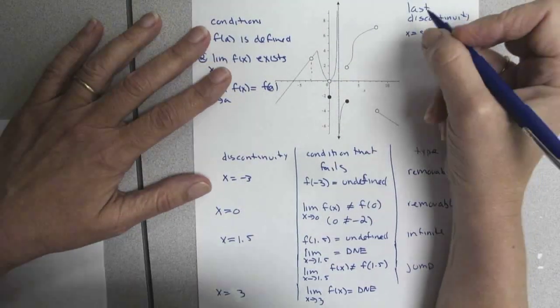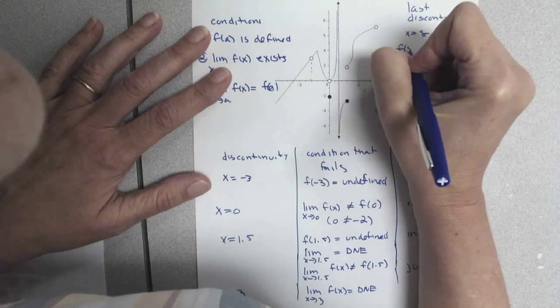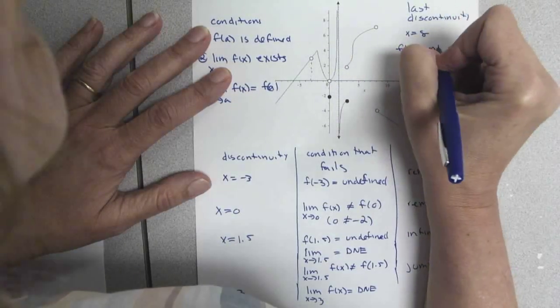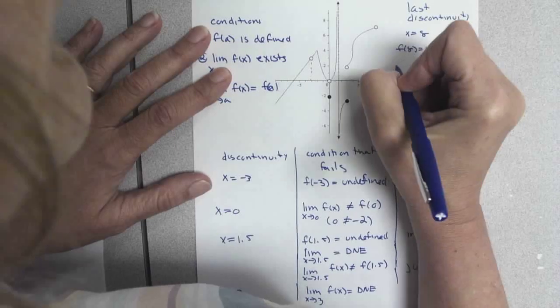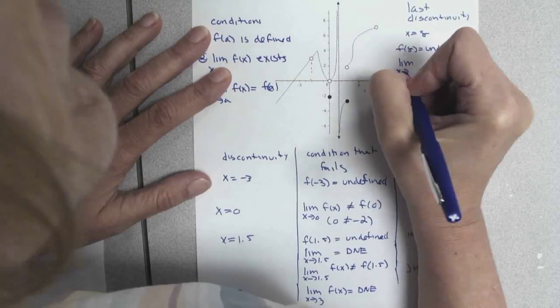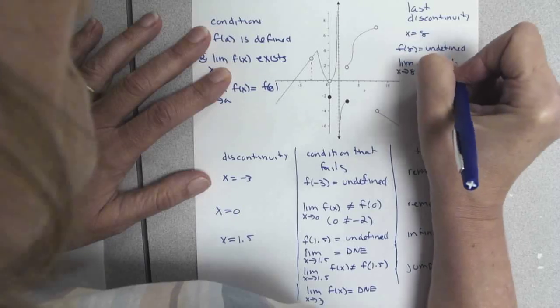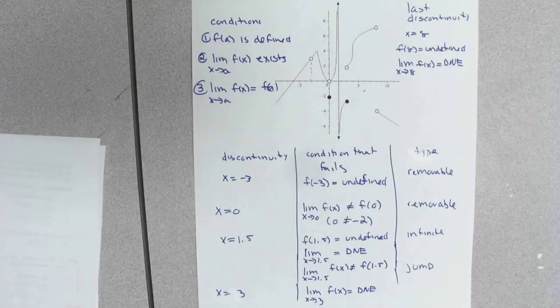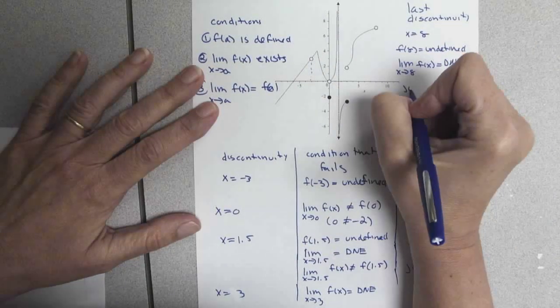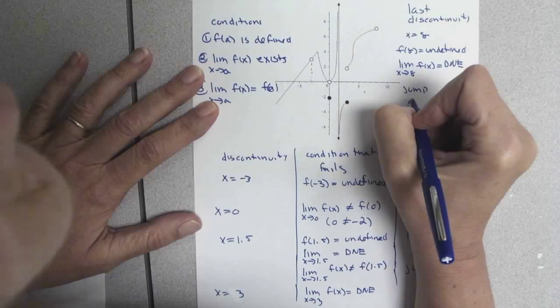And again, what's going on here, you've got two things. f of 8 is undefined, and the limit doesn't exist. Obviously the third one always fails, but the first two fail, and this is called a jump discontinuity as well.